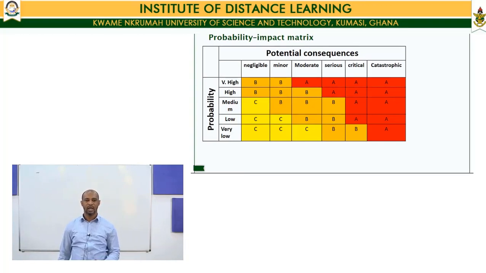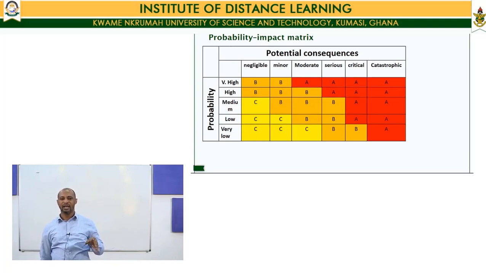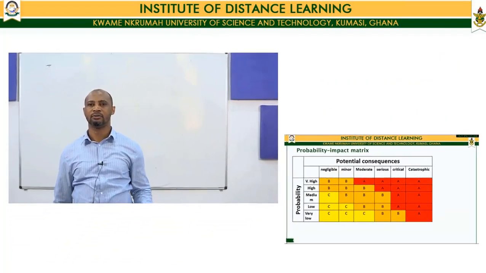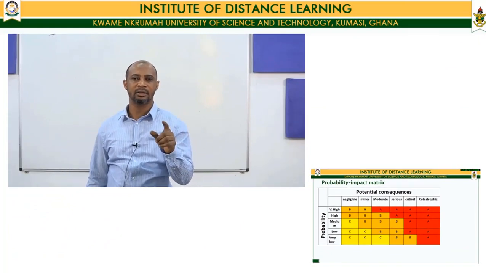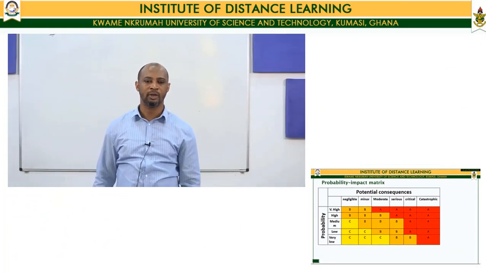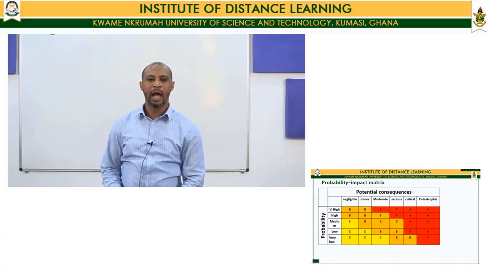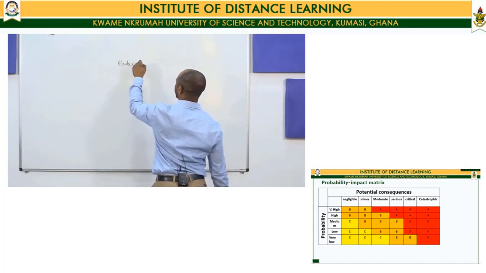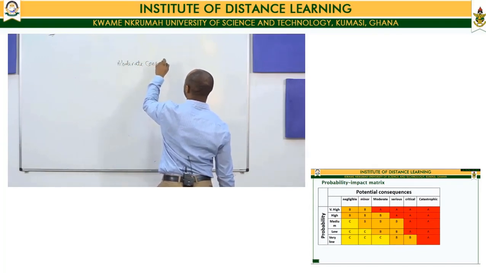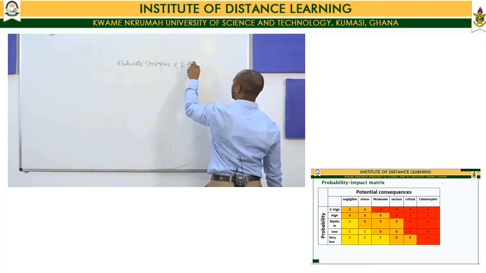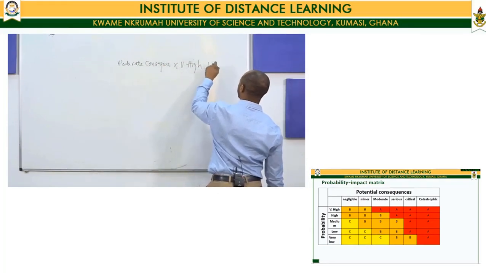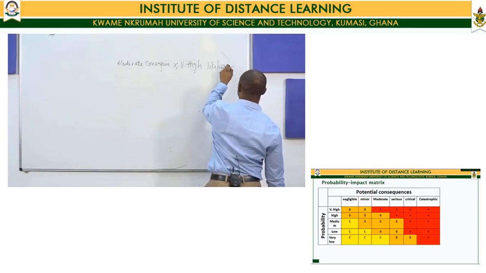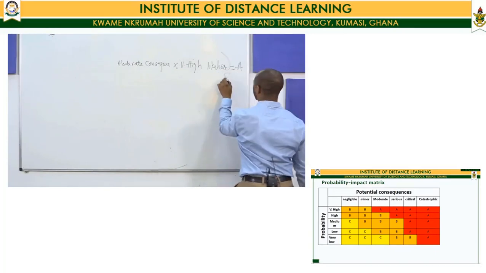They are high risk. Then on the probability side, you will see that those that have very high probabilities, or at least high, are the ones that are critical, and so they qualify as A. So I want you to see that from moderate consequence times very high likelihood is equal to significant risk.